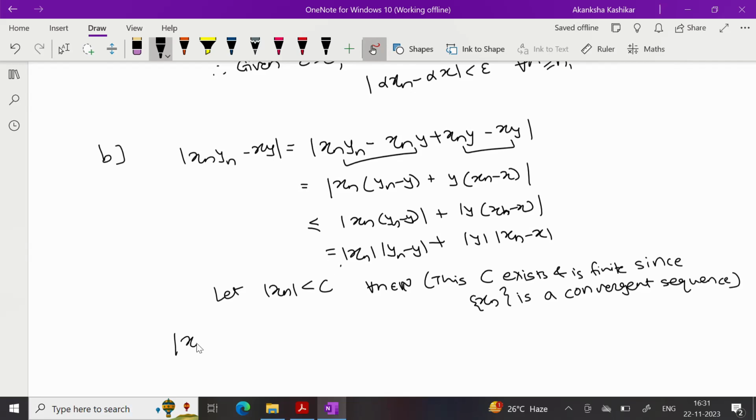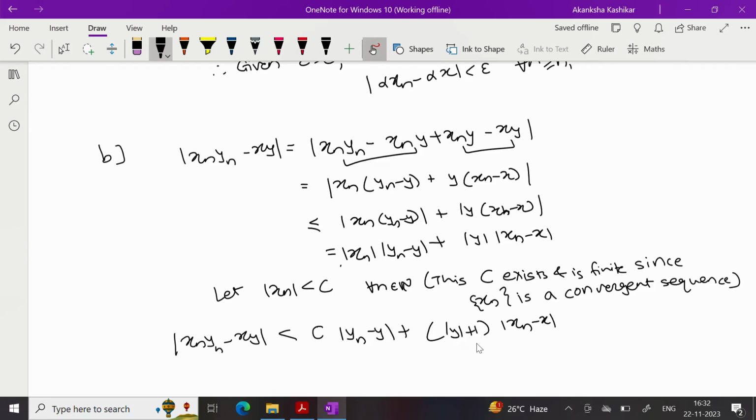So I will write mod xn yn minus xy, continuing from this step, is less than c, because mod xn is less than c, times yn minus y plus mod y is less than mod y plus 1, and then mod xn minus x stays as it is.